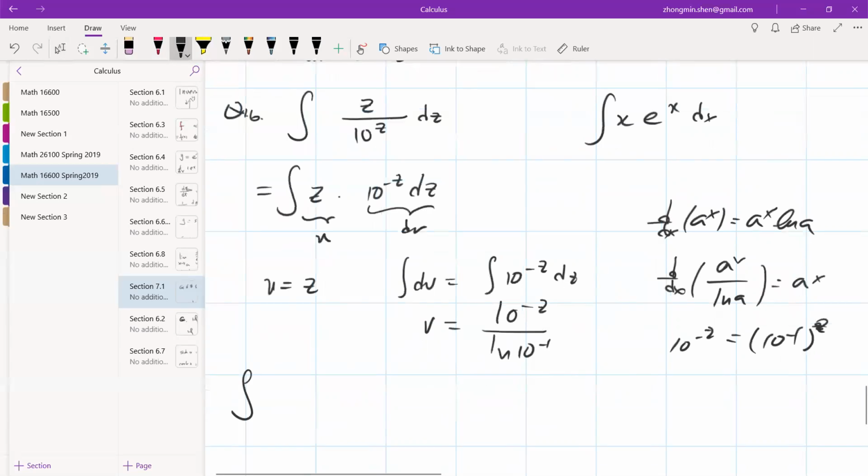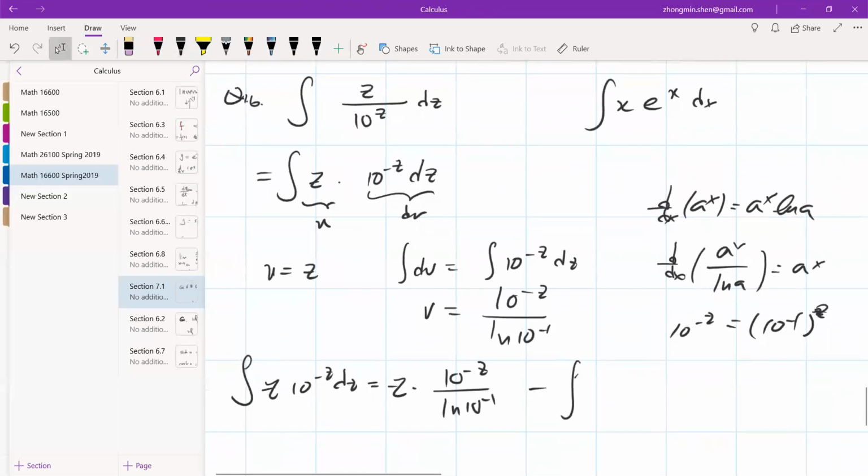So now the integral becomes u times v, which is z times v, minus v times du.